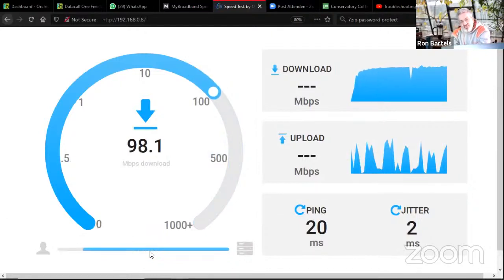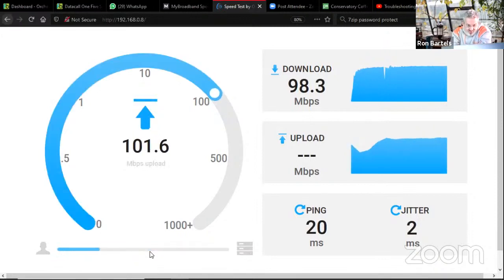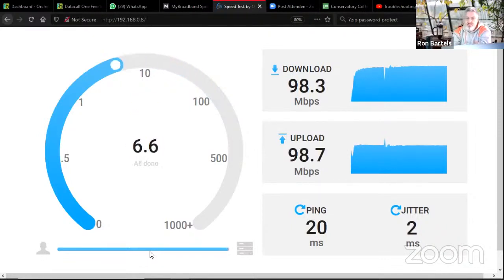This is not a great laptop. It's a Lenovo with a Wi-Fi that doesn't really go much above 100 to 150 megabits per second. What we see here is what my laptop can do in the office, and it's about 100.